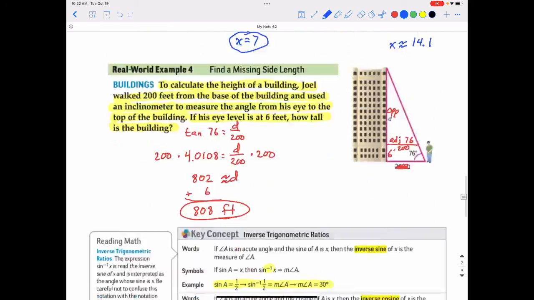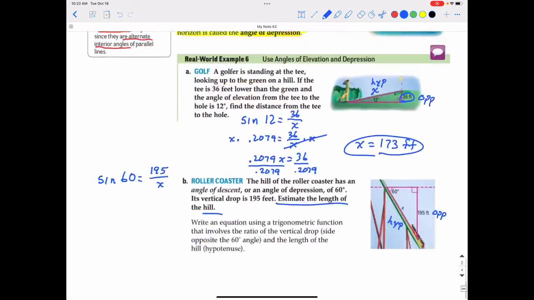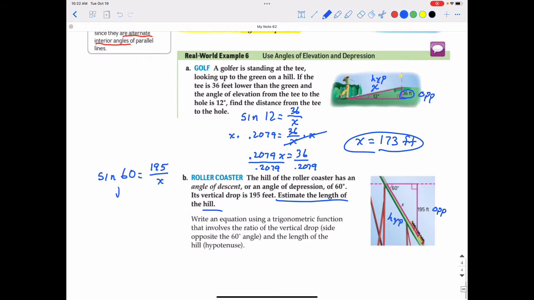So I'm going to replace the sine of 60 with the square root of 3 over 2, equals 195 over X. Cross multiply, so I get X square root of 3 equals 195 times 2, which is 390. Then I will divide by the square root of 3.